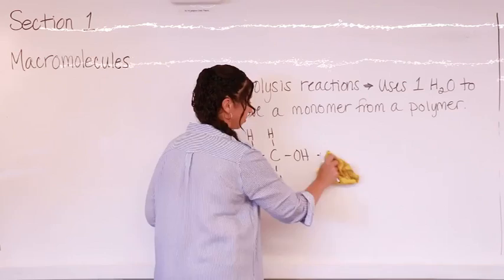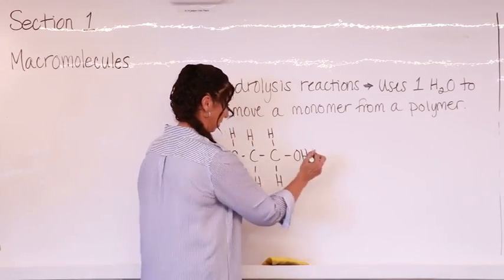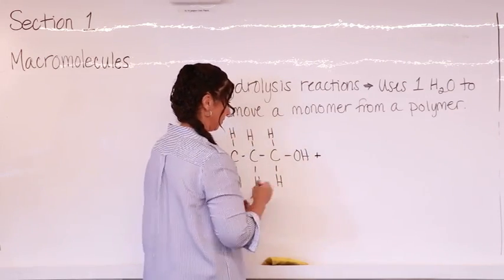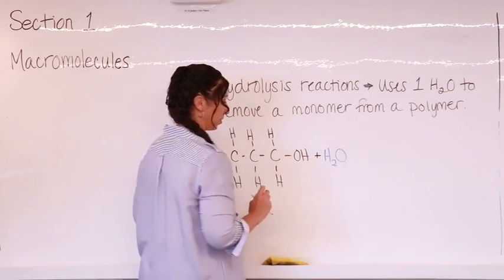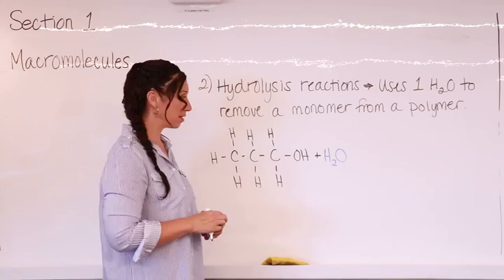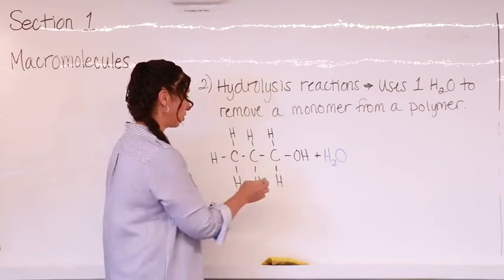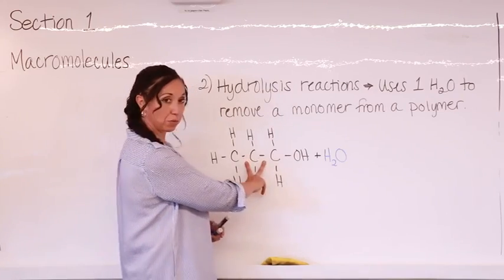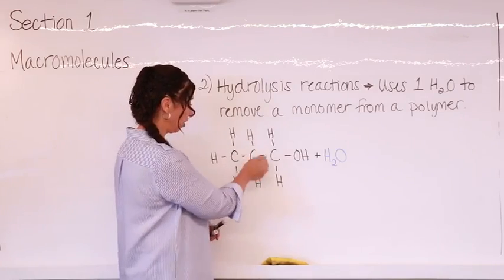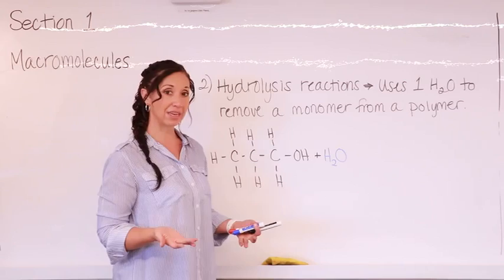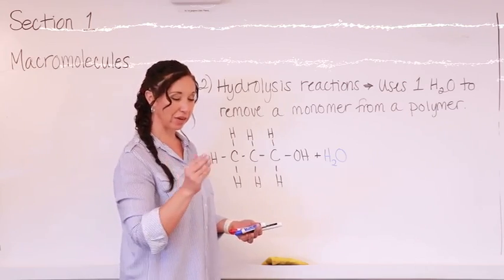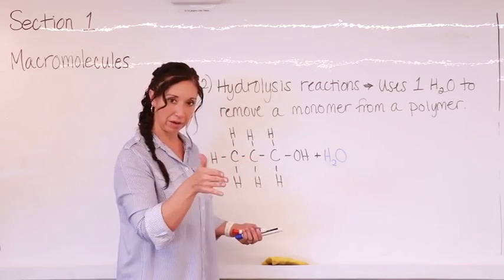I'm actually going to color code this for you so it makes a little more sense. So you're going to add some water to it, and that water is going to go to, we have 2 bonds to work with here. I could either cut it here or I could cut it here. It doesn't really matter. There are reactions inside your cells that are specific for cutting at a certain spot along a polymer.